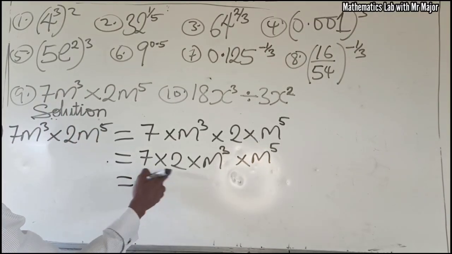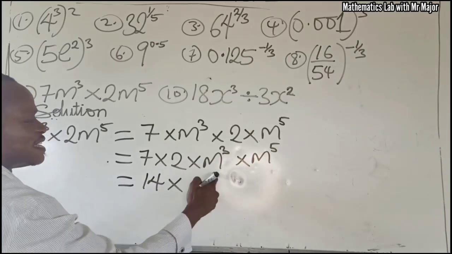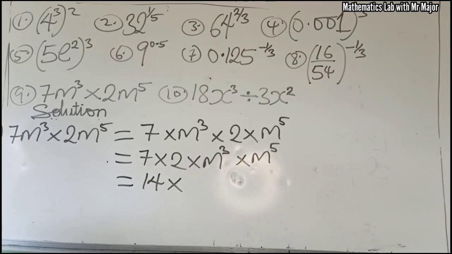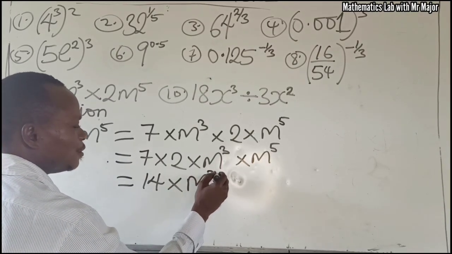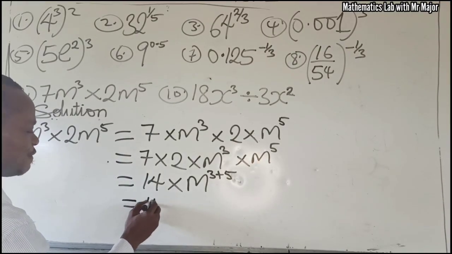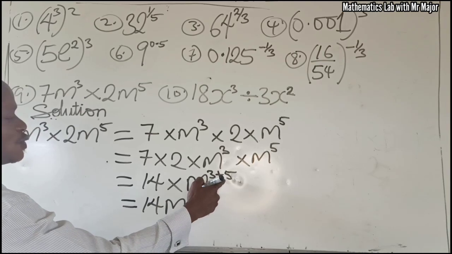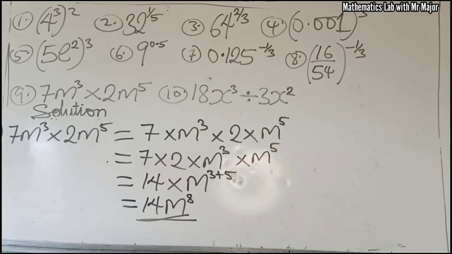Now here, 7 times 2 is 14. Then for this one, the bases are the same. So we apply the multiplication law, which is law number 1. That would be m raised to power 3 plus 5, because the multiplication law says we should add the powers. That means our final answer is 14m raised to the power of 8. That is our final answer.